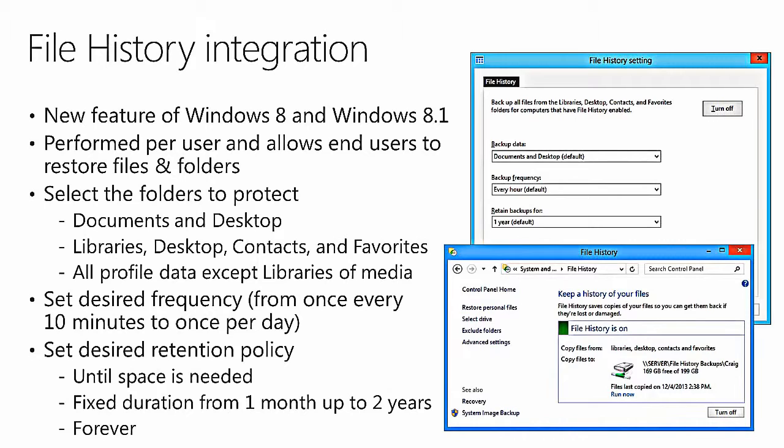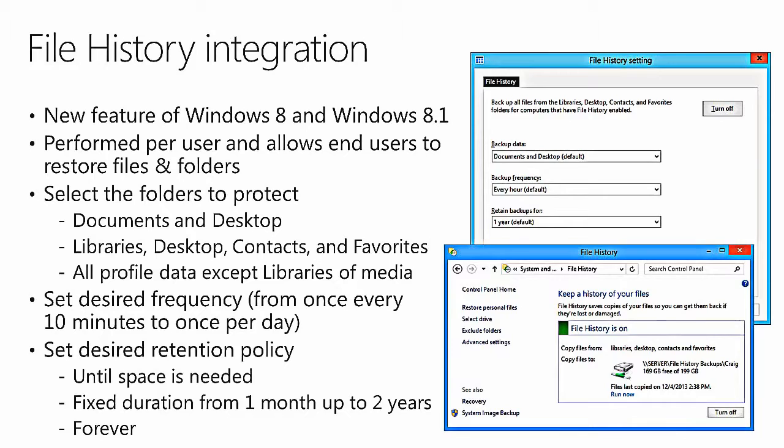I mentioned this as it relates to the integration with Windows Azure Backup, but the Essentials experience itself provides File History integration. With Windows 8 and Windows 8.1 clients that have File History, the Essentials server can be the destination for File History information for your client PCs. So instead of having a local USB device hooked up to every single computer as a destination for File History, you can just use the Essentials server.